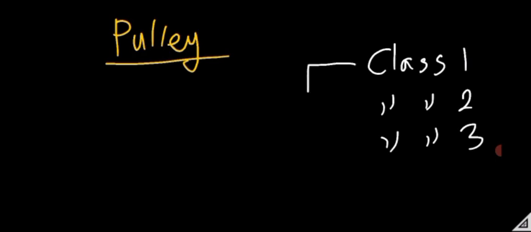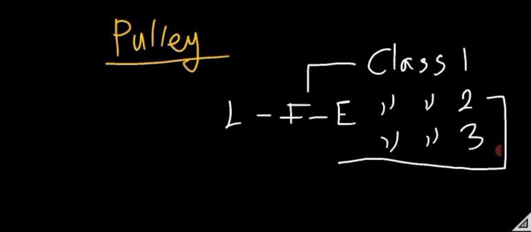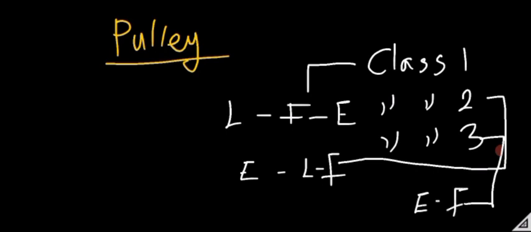Class 1 lever has the fulcrum F in between the load and the effort. Class 2 levers have the load in between the effort and the fulcrum. And class 3 levers have the effort in between the fulcrum and the load. So this was what we did in our last class.